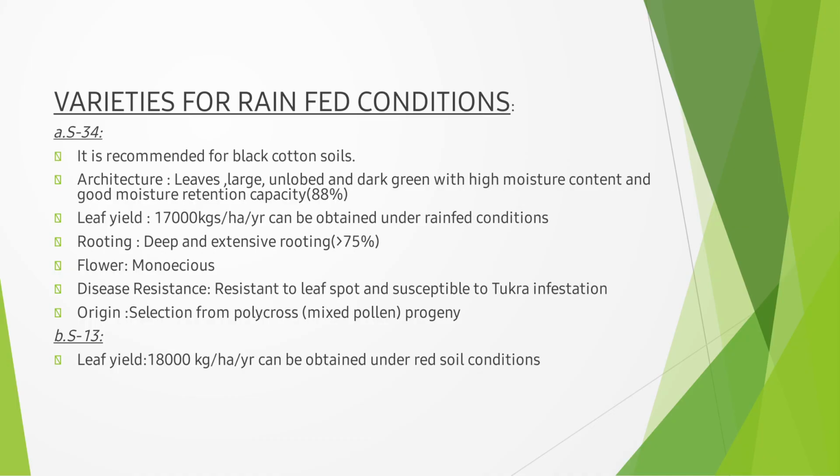Rooting is deep and extensive, greater than 75%. Flowers monoecious, resistant to leaf spot and susceptible to tukra infestation. Origin is selection from polycross mixed pollen progeny. S13: leaf yield of 18,000 kg per hectare per year can be obtained under red soil conditions.